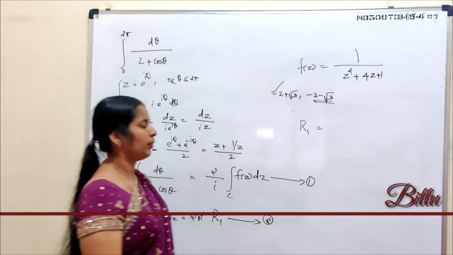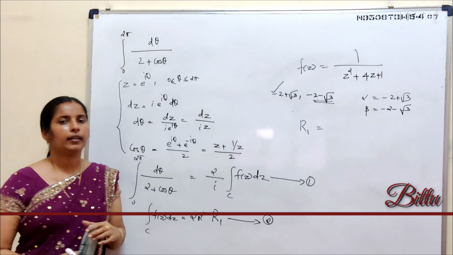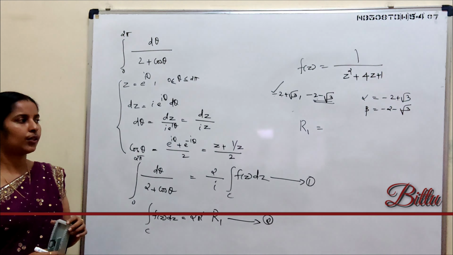Here, R1. See, again for the smooth simplification of R1, you take alpha equal to minus 2 plus root 3 and beta equal to minus 2 minus root 3. I mentioned this idea in residue integration part 5. R1 is limit. See here, alpha is inside of C and which is a simple pole.